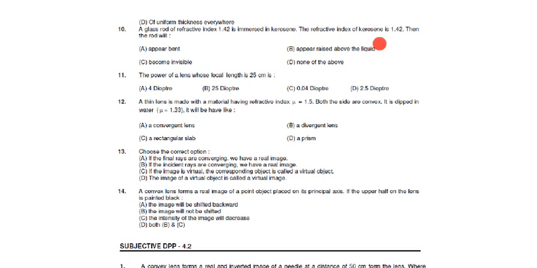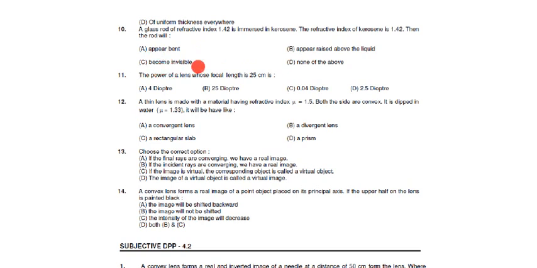Because the refractive index of both mediums is the same, no refraction will happen when a light ray goes from one medium to another medium. Because no refraction takes place, the rod will appear invisible, or it becomes invisible.